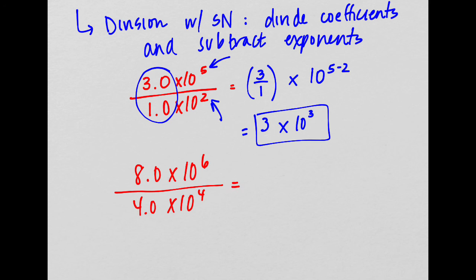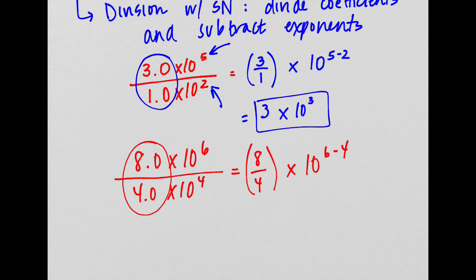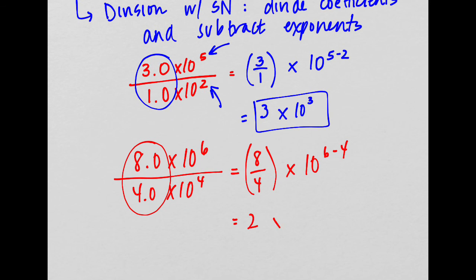That is going to equal our coefficients divided by one another, 8 divided by 4, and we're going to multiply that by 10 to the 6 minus 4. So this gives us 2 times 10 to the 2. There's our answer for that one.